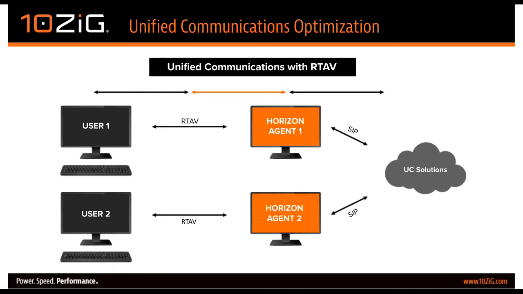So again, I can't show you the mouse cursor here, but hopefully you can see by the arrows the kind of famous, it's called either hairpin or trombone effect, where basically the voice and audio traffic is hairpinning around from user 1 through the virtual machine to the UC solution, and then back until eventually it gets to user 2. And ideally what you want, if user 1 and user 2 are communicating, is that audio and video stream goes directly between user 1 and 2 and not around the data center or cloud.